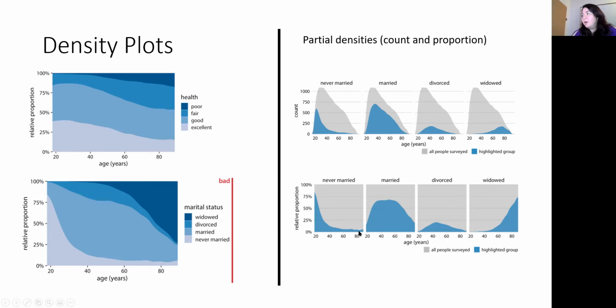And if they're ordered, like health: poor, fair, good, excellent, you would stack these bars across in that same order. That makes sense. If it's not ordered, then it doesn't matter as much, but I would just put it as the percent bill. But that one's a little bit more your choice.